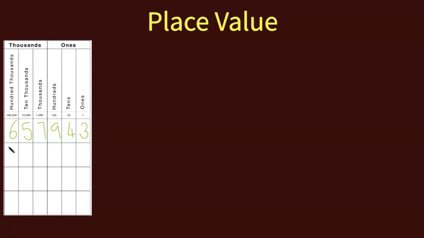So this 6 here doesn't represent 6 as a single digit. This 6, because it's in this column, represents 600,000, okay? This 5 does not represent just 5. This 5 represents 50,000. This 7 represents 7,000. This 9, can you tell me what it represents?